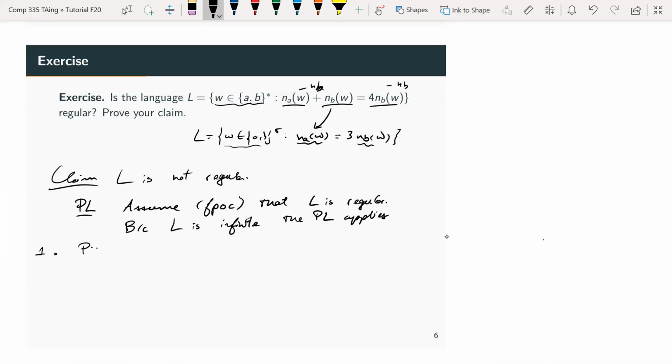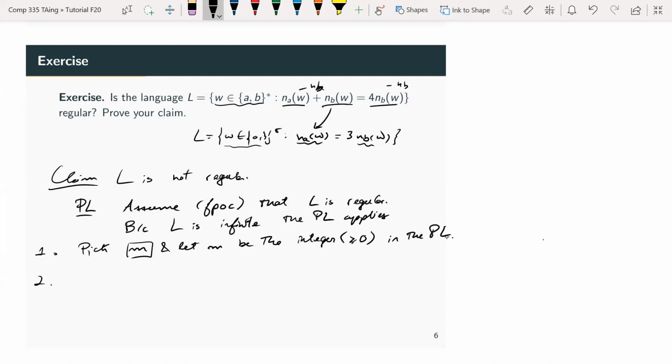You want to pick an integer m, and let m be the integer which is greater or equal to 0 in the pumping lemma. That's just saying, remember that integer in the pumping lemma? Well, that's going to be m in this case. So that's your first step.